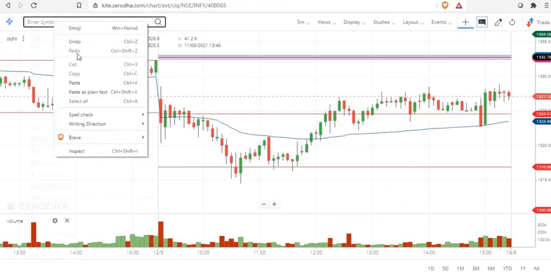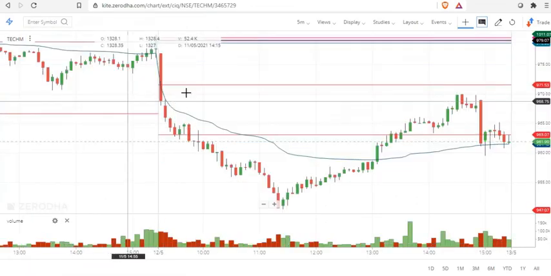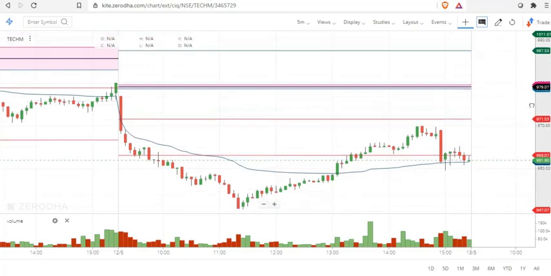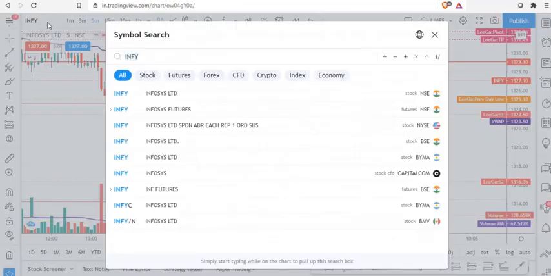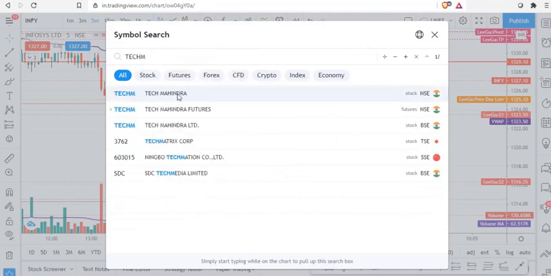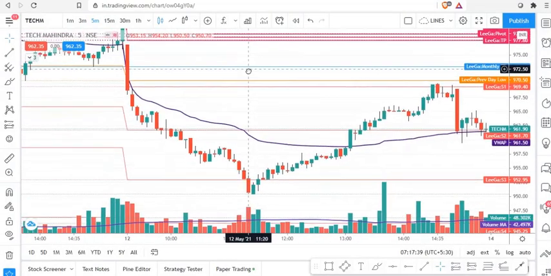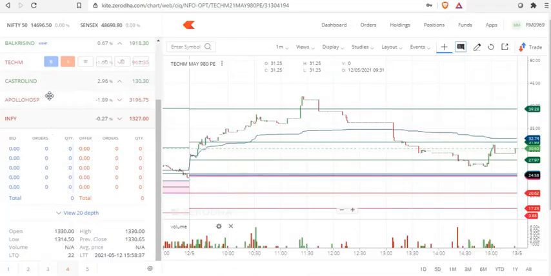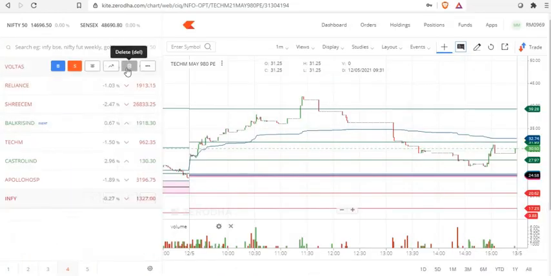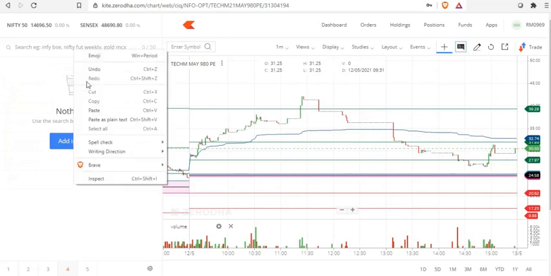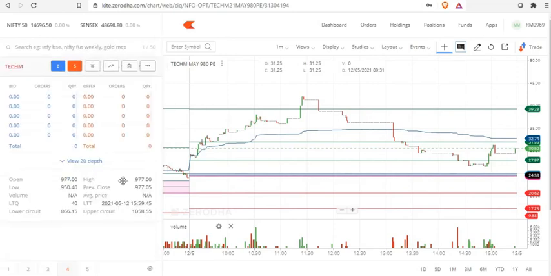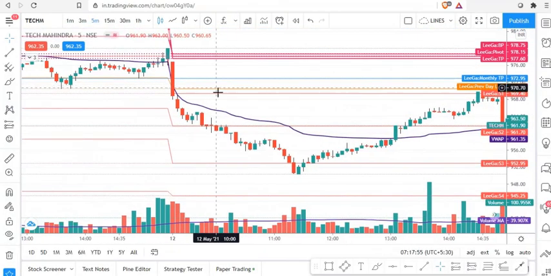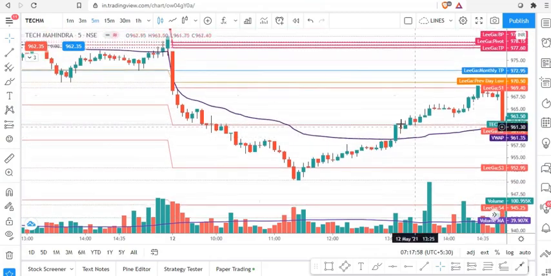Then Tech Mahindra. Yes, Tech Mahindra is perfect. Open is equal to high. Yes, we can check here also. Open is equal to high. Go for short. Then here we can take entry.